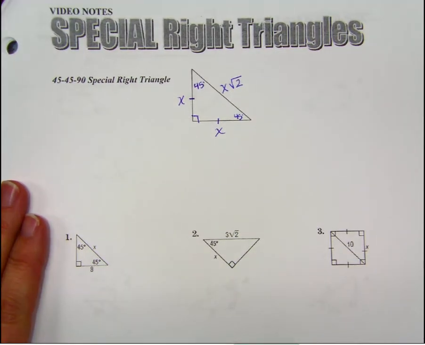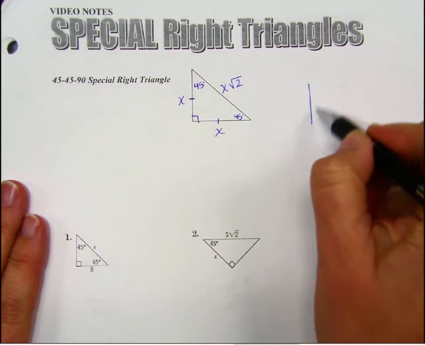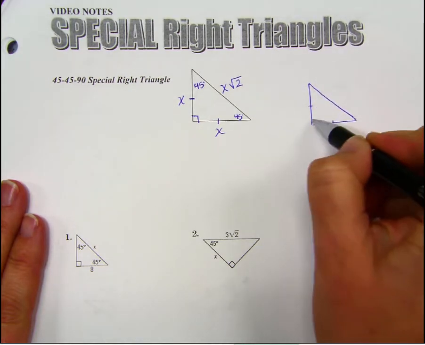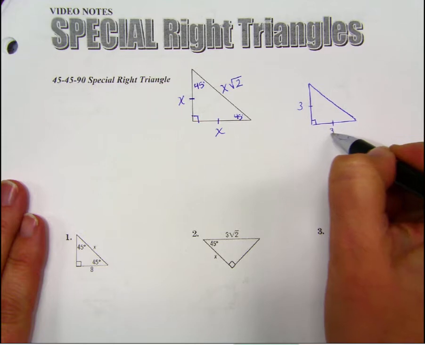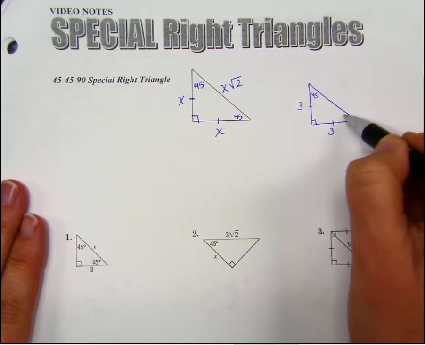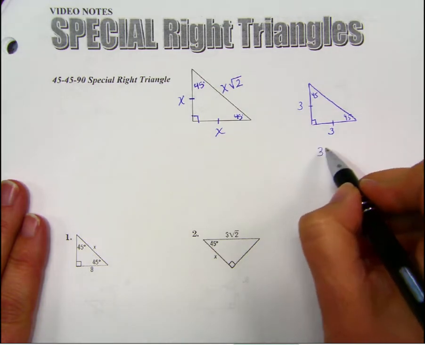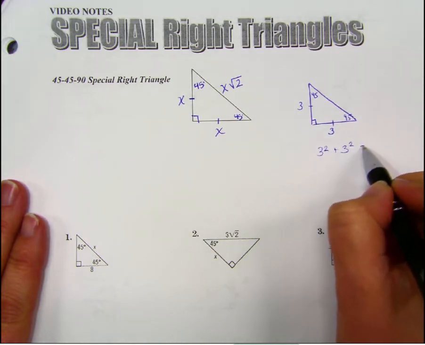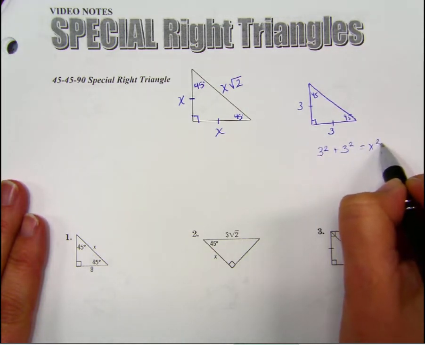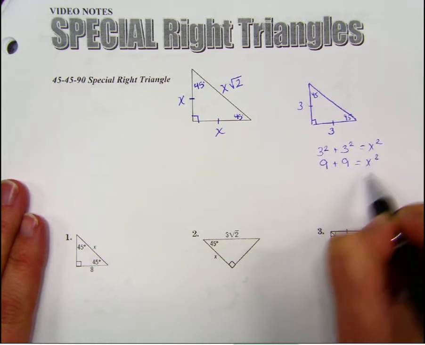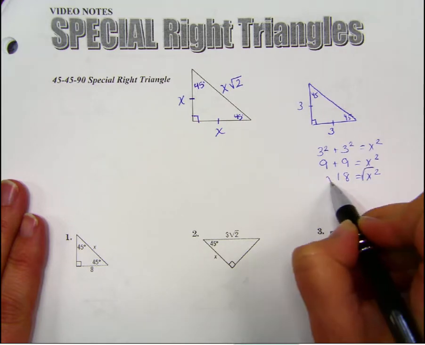Now, if we think about that, if I had a right triangle, and I know it's isosceles, and I know that the legs are 3, I could go through and I could use Pythagorean theorem. So leg squared plus leg squared equals the hypotenuse squared. And if I go through and solve that, I get 9 plus 9 equals x squared, so 18 is equal to x squared, and then I have to take the square root.